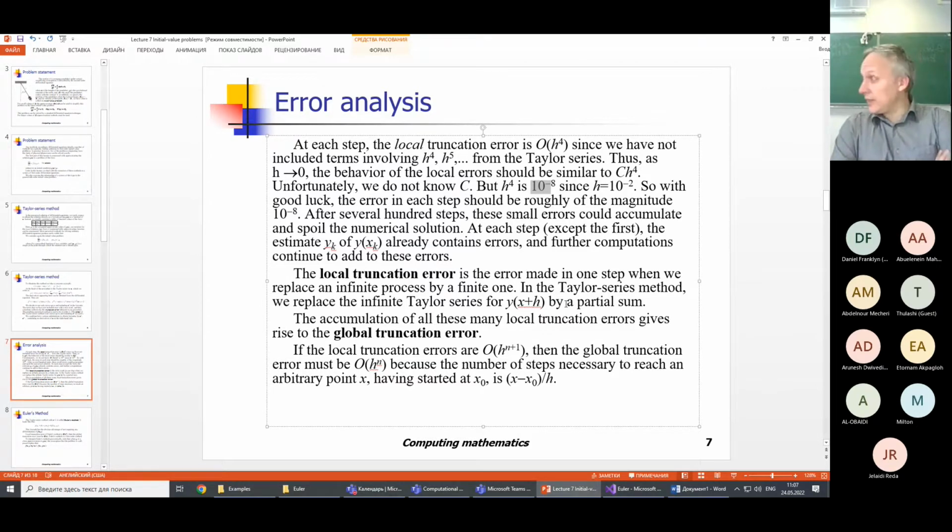At each step except the first one, the estimate yk of the real value y of xk already contains errors, and further computations continue to add to these errors.